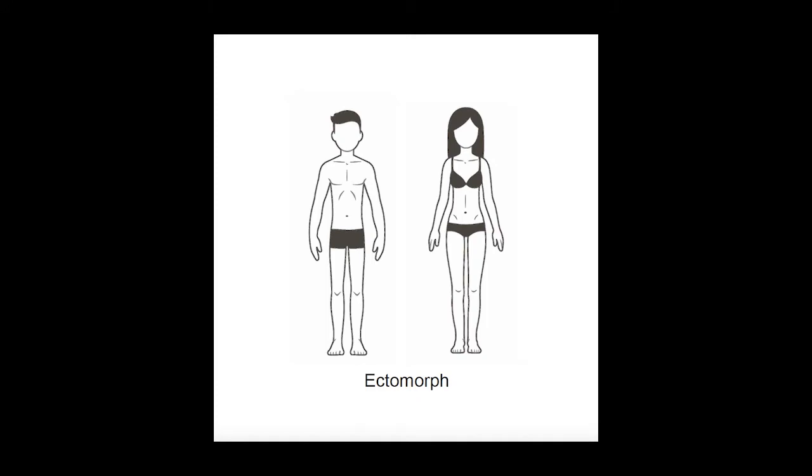The ectomorph. This body type you will generally find in people that are very thin. They'll be tall and thin, with narrow shoulders and hips in respect to their height. They are generally flat chested, in other words, they don't have a big bulky chest, with longer, thinner muscle on the limbs.